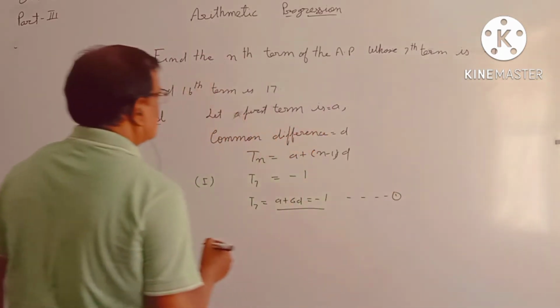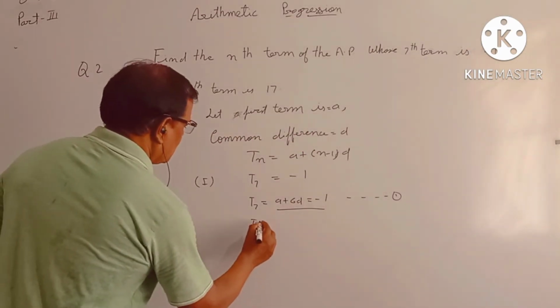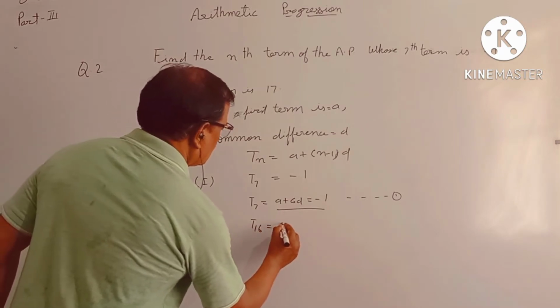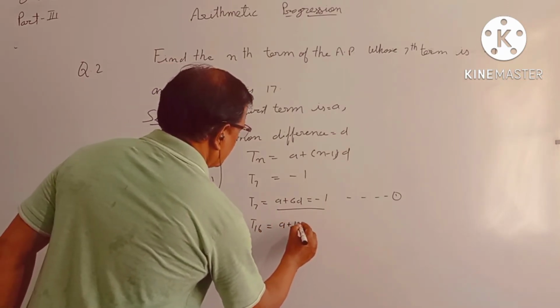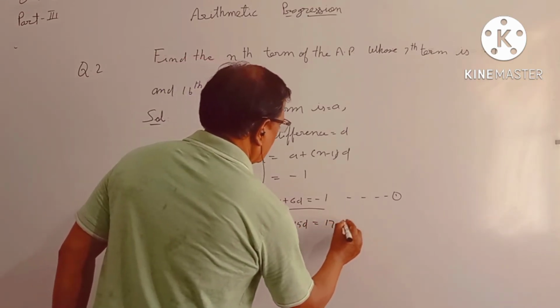Now, next it is given that the 16th term is 17. So, T16 equals A plus 15D equals 17.